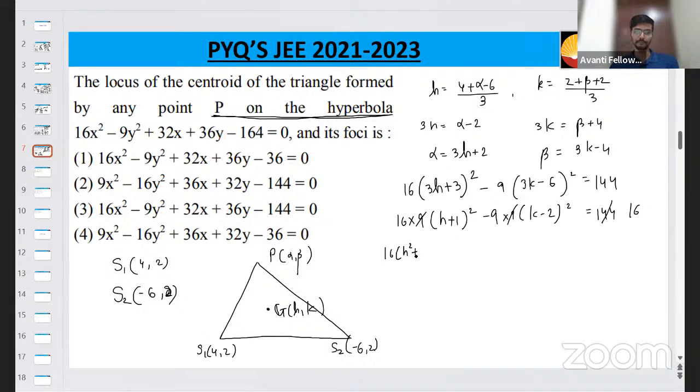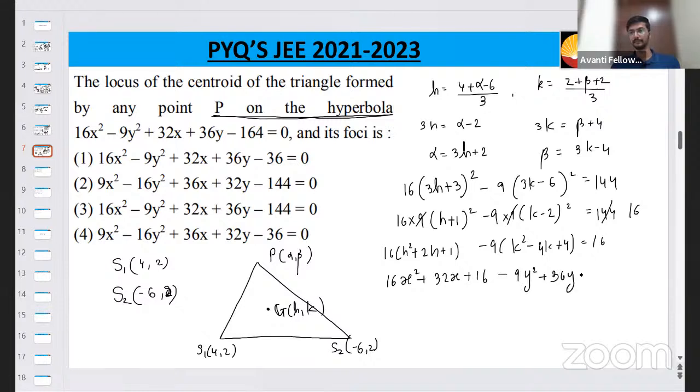So h square plus 2h plus 1 minus 9 times k square minus 4k plus 4 equals 16. So now in the final step, we have to replace h with x and k with y. So we'll get 16x square plus 32x plus 16 minus 9y square plus 36y minus 36 equals 16.